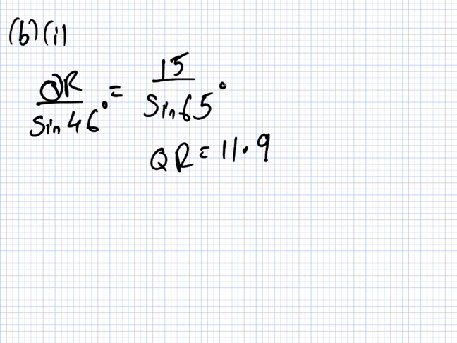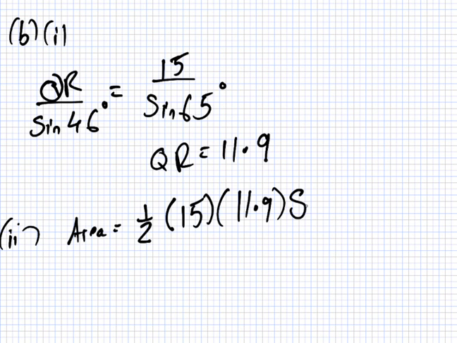Oh. Yeah. Okay, yes. Part 2 now, let's find the area of PQR. So we know the formula for area. Area is a half the two sides. So that's a half 15 11.9, and then sine the angle between the two sides. Now if you look at the triangle, you don't know that angle, but it's easy to find because you have the other two angles.